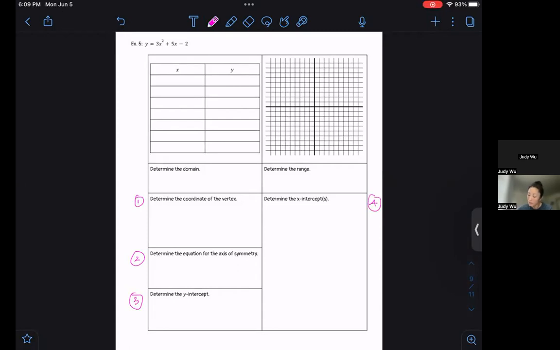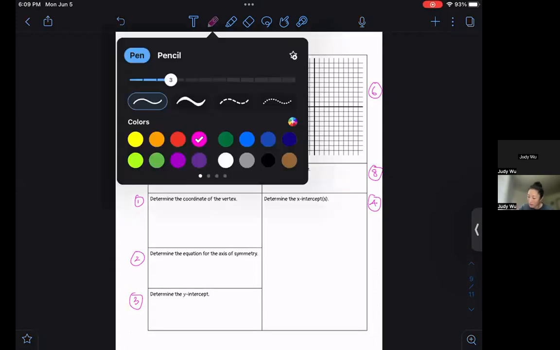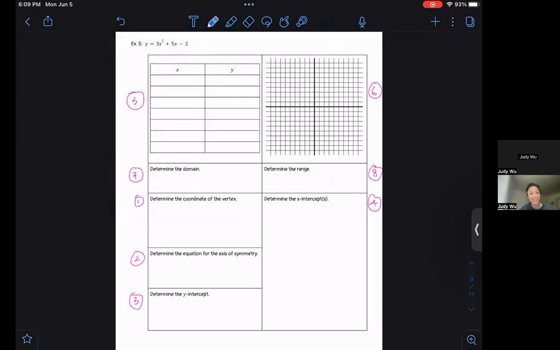I'm going to use those four pieces of information to fill out the table with nice whole numbers, so I'm going to choose things that give me whole numbers and not too many decimals. Once we do this, we'll graph what we have. We'll finish off with our domain and then our range, and our range should be pretty easy to see from our picture.